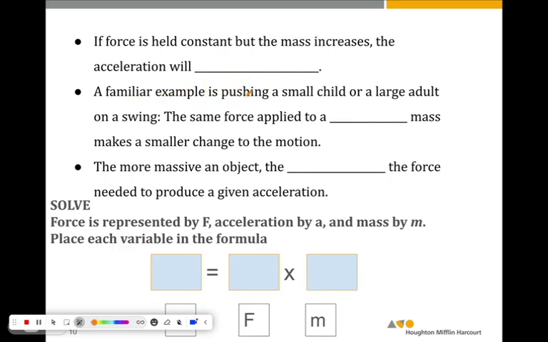A familiar example is pushing a small child or a large adult on a swing. The same force applied to a blank mass makes a smaller change to the motion. What do we think? What would make a smaller change? Same force applied to a smaller or larger mass?